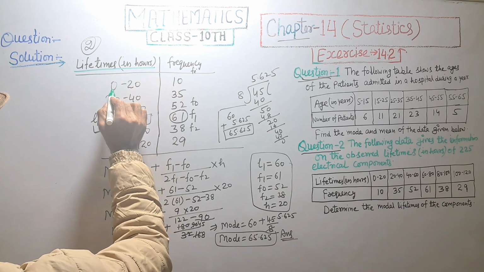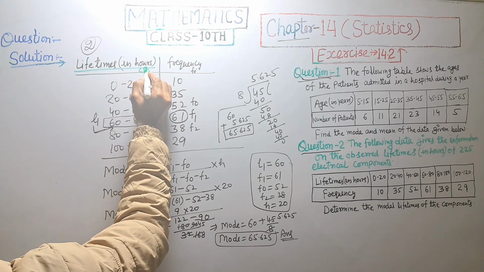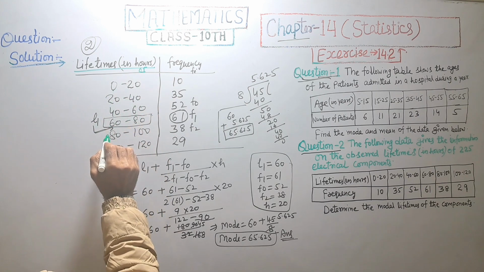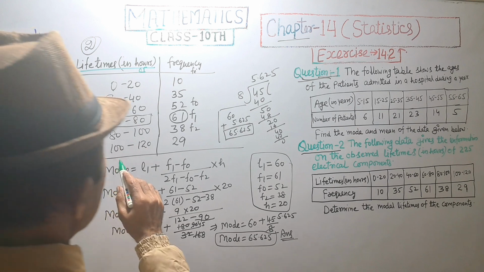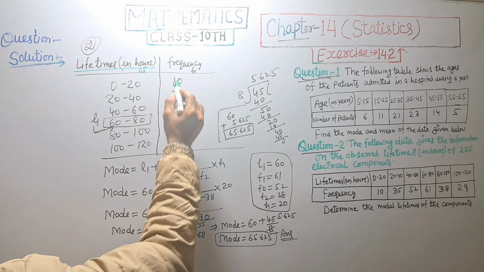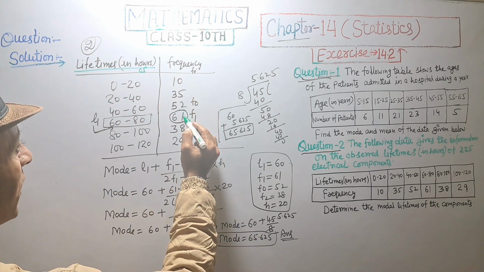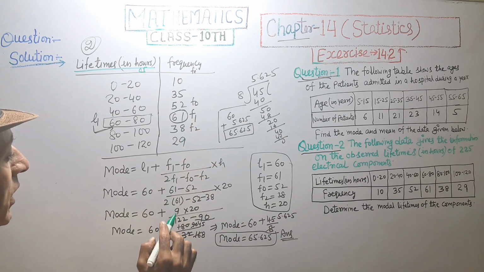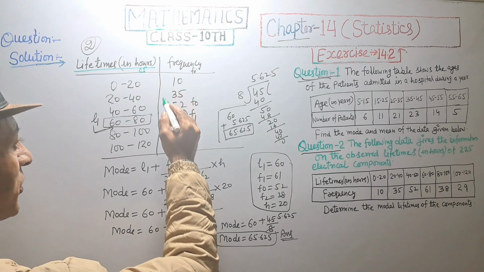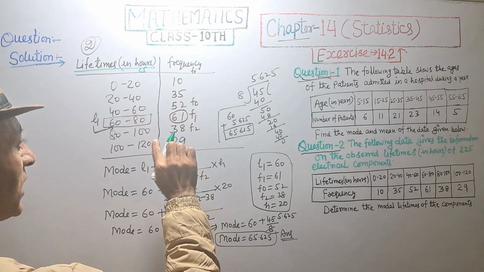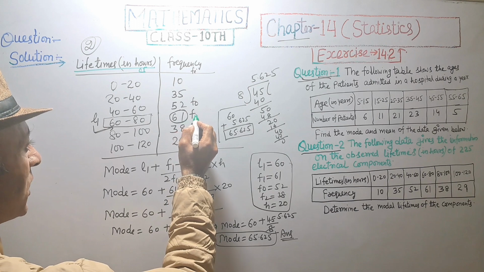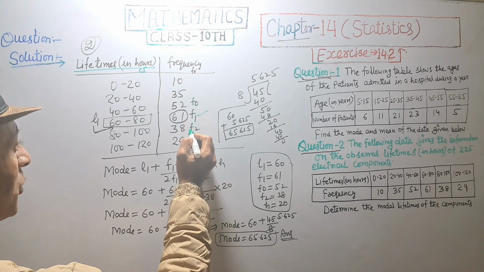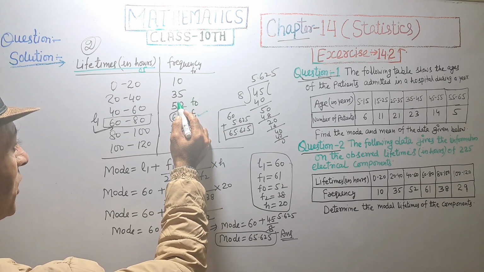Lifetimes in hours. Class intervals 0 to 20, 20 to 40, 40 to 60, 60 to 80, 80 to 100, 100 to 120, and the frequencies are 10, 35, 52, 61, 38 and 29. In this frequency, the largest number is 61, that is f1, and f2 is 38 and f0 is 52.